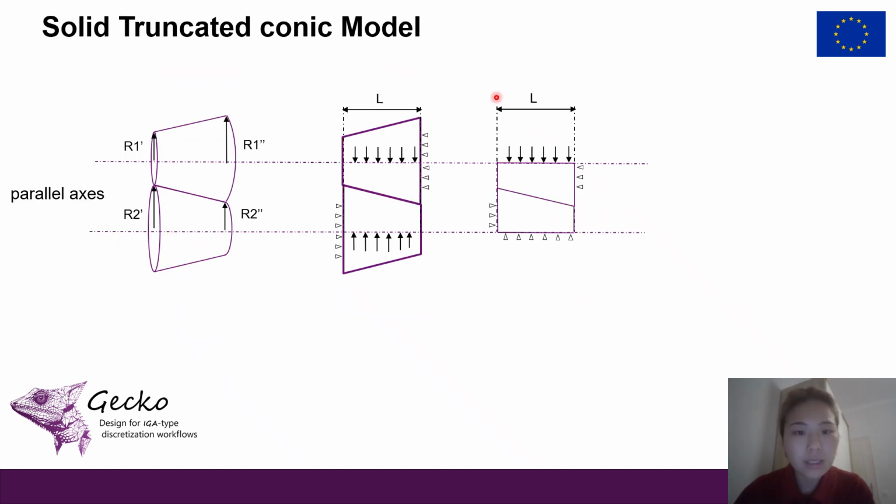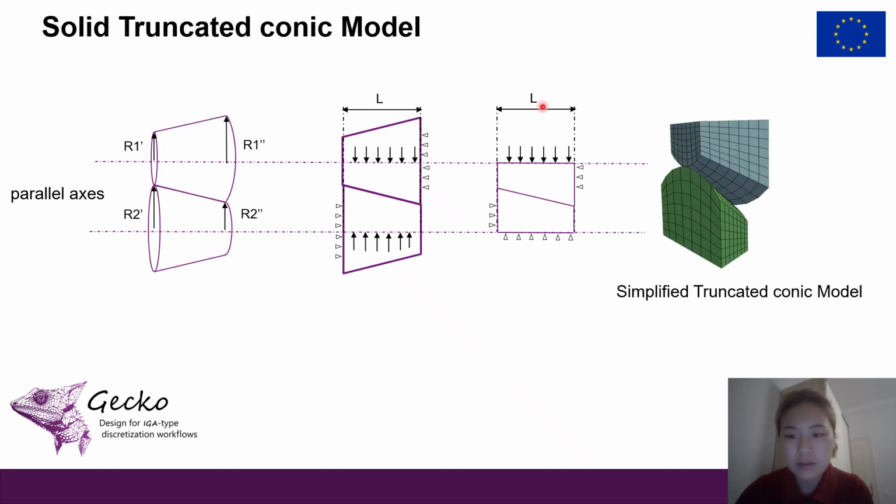Here, we introduce a new model consisting of two truncated conic solids with parallel axes. The larger ends of the cones are constrained in displacement, while a load is applied along the axis. So the system will achieve a static equilibrium, allowing us to study the contact behavior between the contact surfaces.